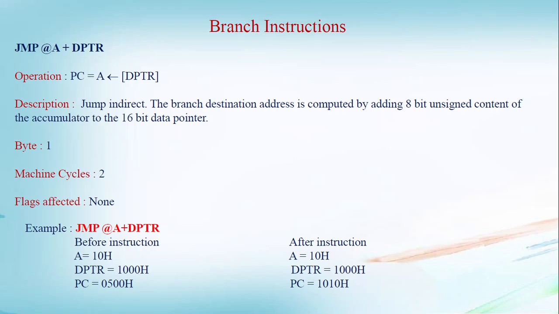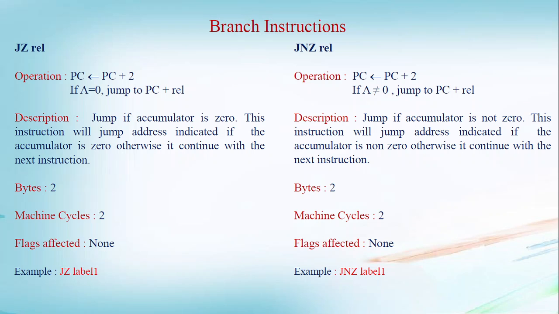Example, JMP @A+DPTR. Before the instruction, A equals 10H, DPTR equals 1000H, and the program counter holds 0500H. After the instruction is executed, the program counter becomes A plus DPTR, that is 1010H, and it will jump to that address.